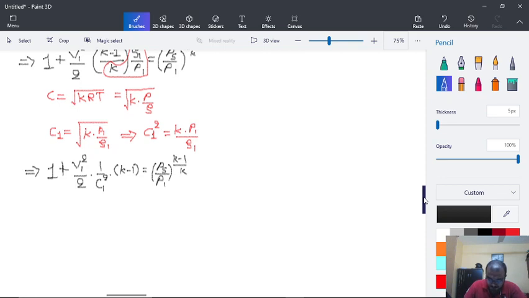So obviously, instead of V1 square upon C1 square we can put M1 square, that is the Mach number. So this implies that 1 plus M1 square by 2 into K minus 1.